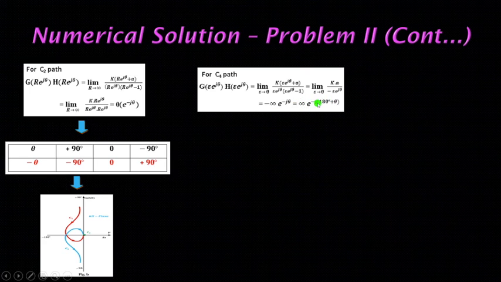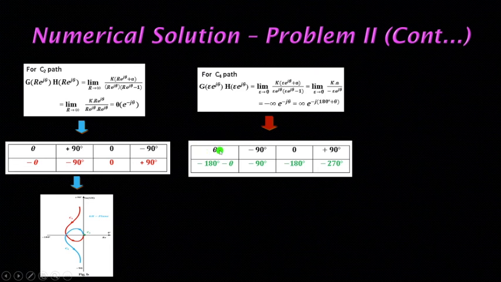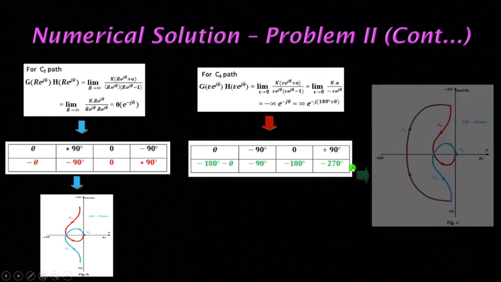The angle is minus 180 degree minus theta, where theta varies from minus 90 to 0 to plus 90. When theta equal to minus 90, the angle is minus 90 degree. Similarly, when theta equal to 0, the angle is minus 180 degree. And when theta equal to plus 90, the angle is minus 270 degree.